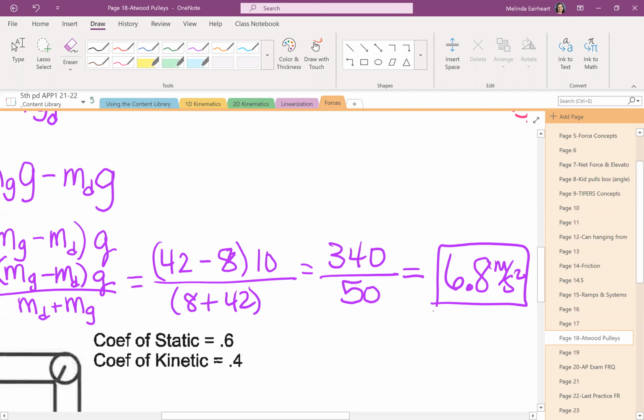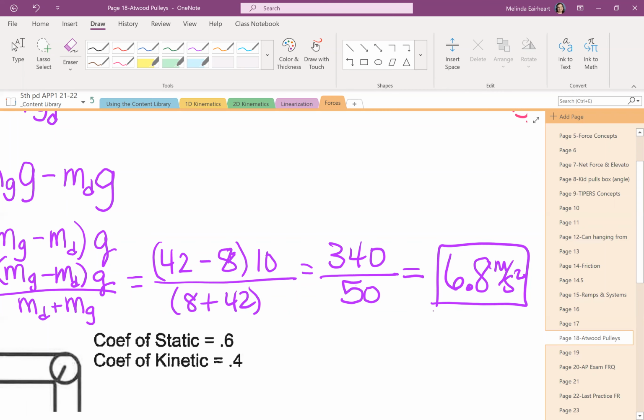It's in free fall. Can you ever be in free fall if there's a string connecting two objects like this on a pulley? Are they ever going to be in free fall? Not unless you cut the string. They have not done that yet, but watch out, part F, maybe they do. And so you should always, when you have a system with the string intact, you should get an acceleration less than 9.8, okay? It's just a little check for yourself.